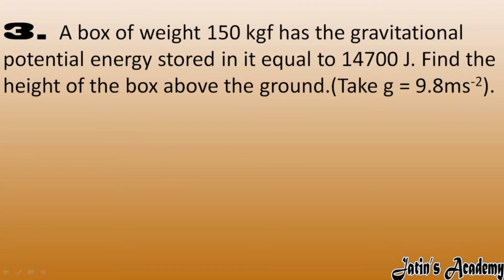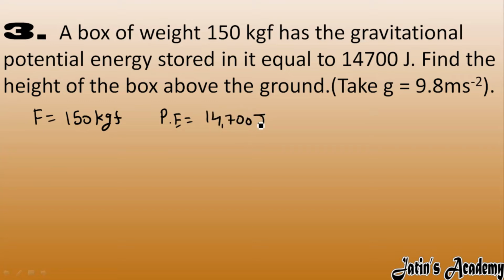Next we have a box of weight 150 kgf. The gravitational potential energy stored in it is 14,700 joule. Find the height of the box above the ground. So here the force is given as 150 kgf, and potential energy is given as 14,700 joule.